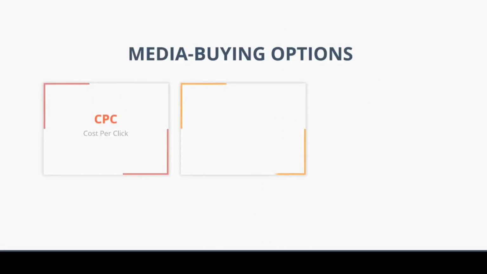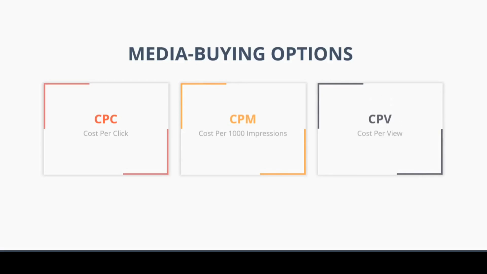Then there are different media buying options that I want to take you through. First up, there is CPC, which means cost per click. Then we have CPM, which is cost per 1,000 impressions. The M comes from mil, which is Latin for 1,000. And then we have CPV, which is cost per view, and that is specifically referring to videos and video ads.